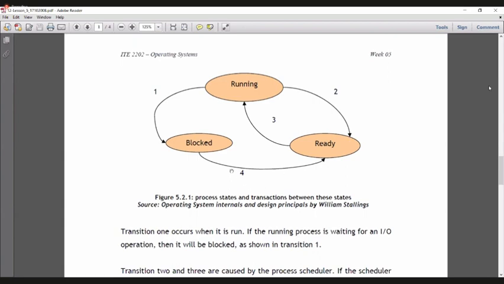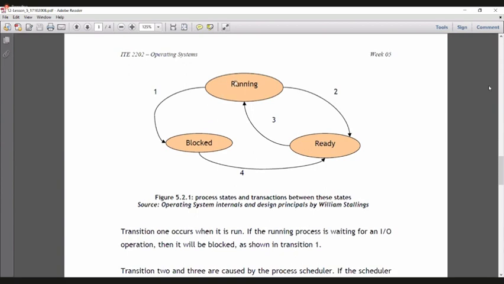This arrow you can see is from blocked state to ready state transition. This arrow, ready state to running state. Now we should be able to explain each of these transitions. For example, if you are asked to explain transition 1, that is from running state to blocked state, how can it happen?